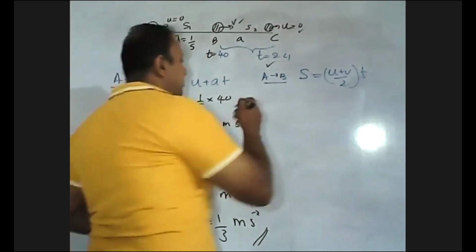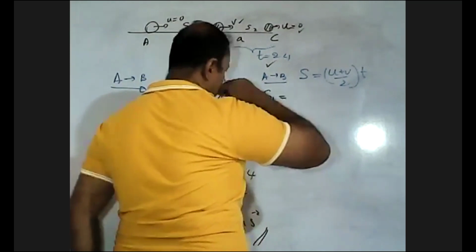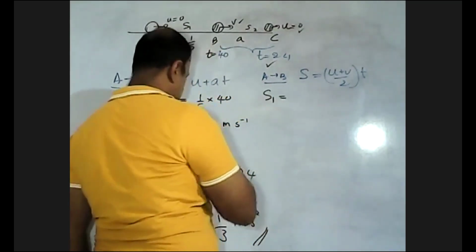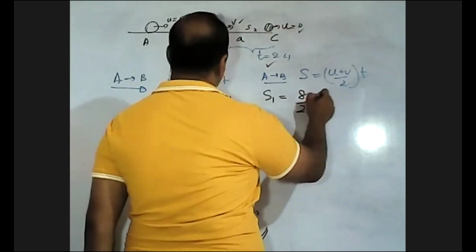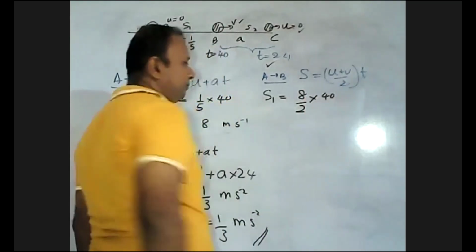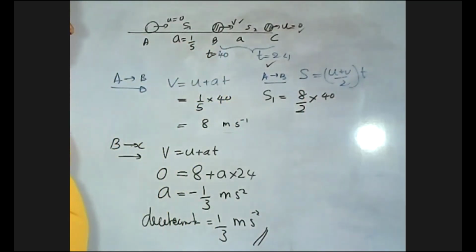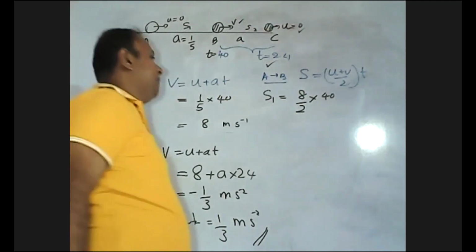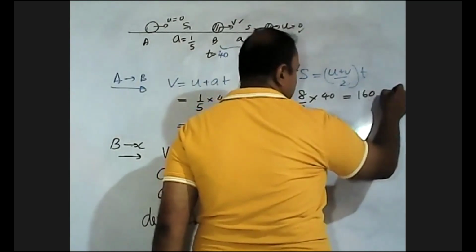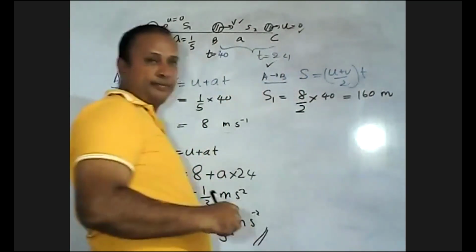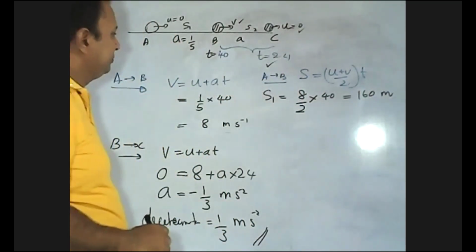Therefore, S1 is equal to V, which is 8, over 2 times time, 40. So 4 times 40 means 160 meters. That is S1.